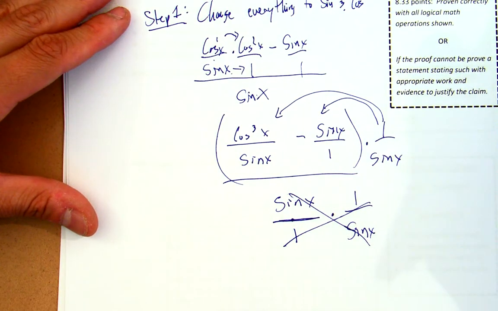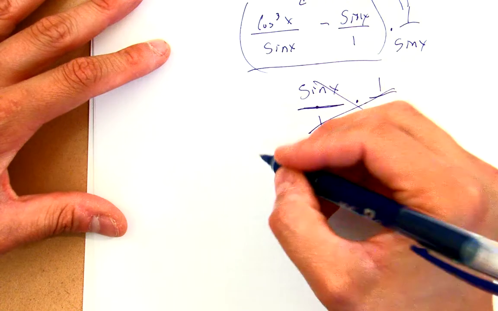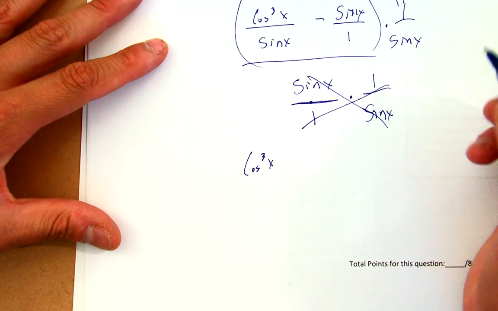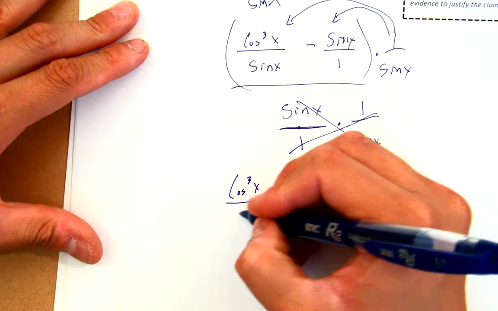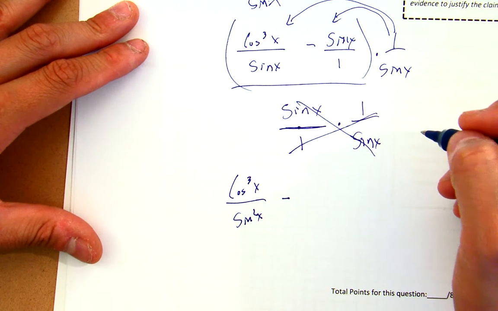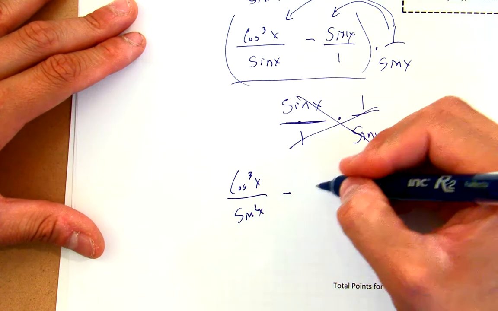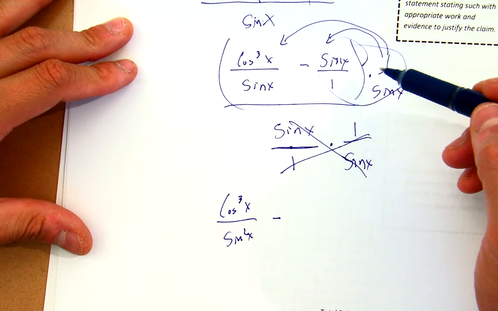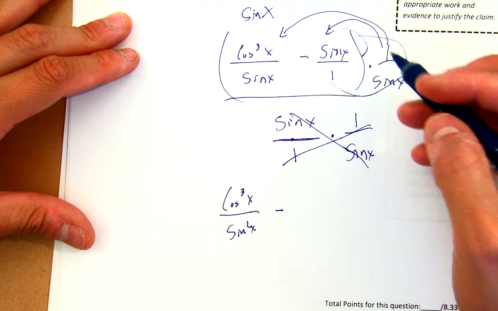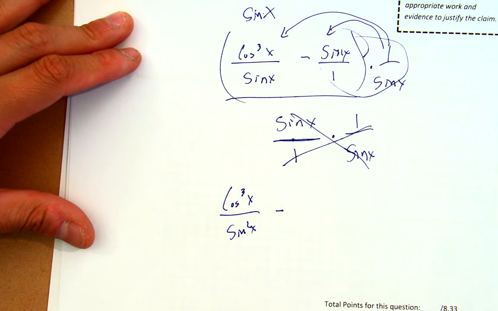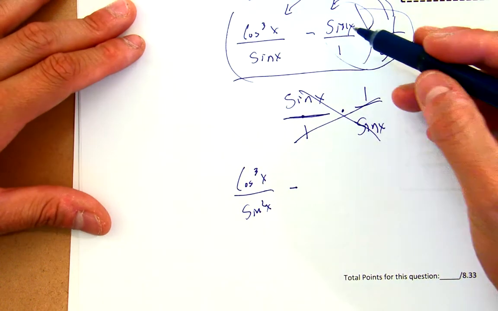Distribute. And what does this give me? This is cosine cubed x over sine squared x minus what? What does this here give me? That's 1, right?